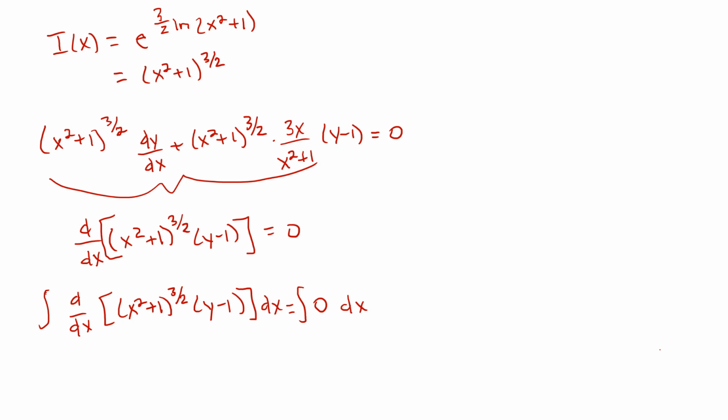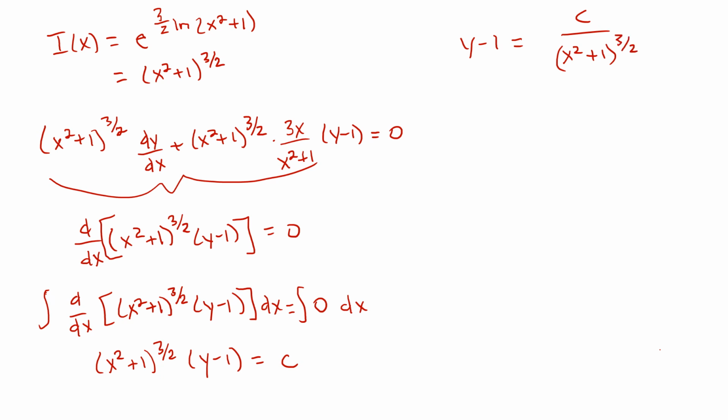When I simplify, I will get x squared plus 1, 3/2 as a power, y minus 1 equals c. Okay, so I want to get y by itself, so let's divide both sides by the x squared plus 1 term, which will get me y minus 1 equals c over x squared plus 1 to the power 3/2.